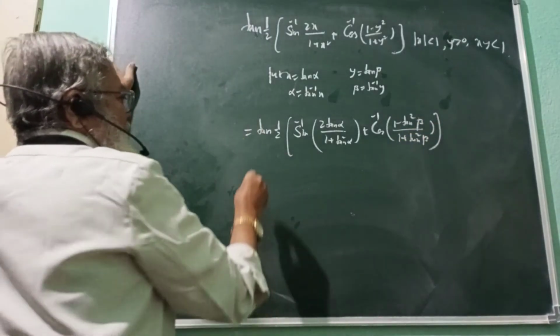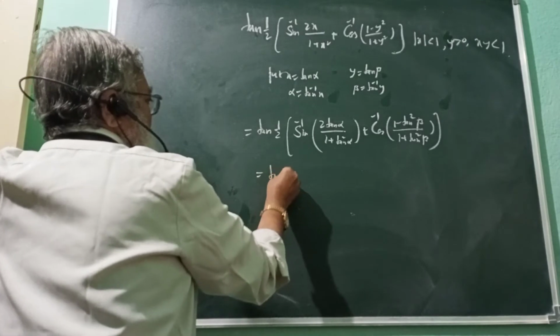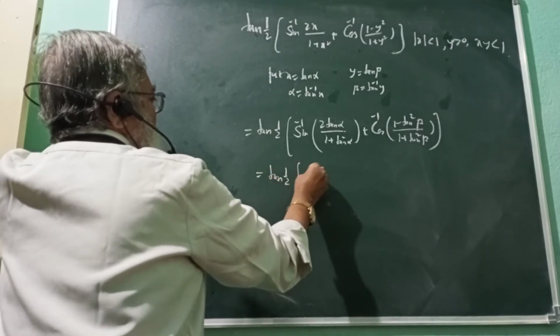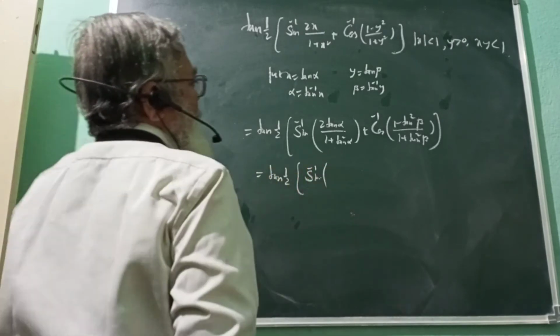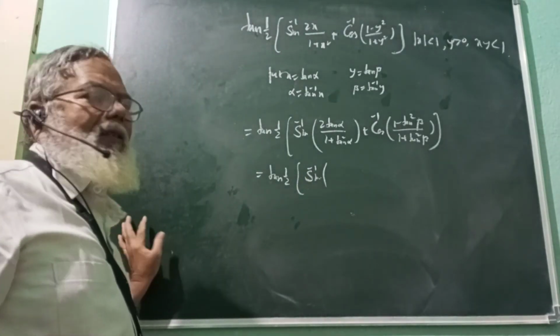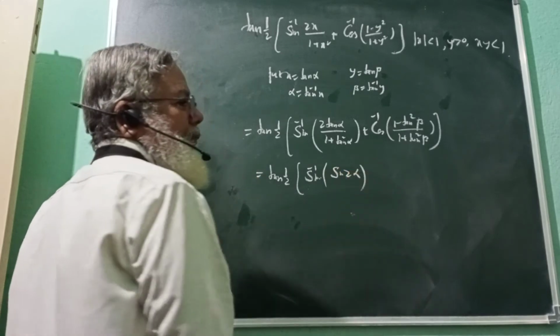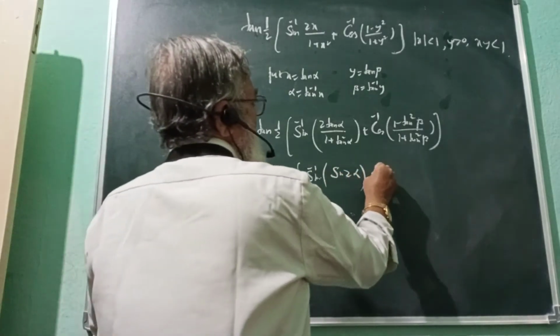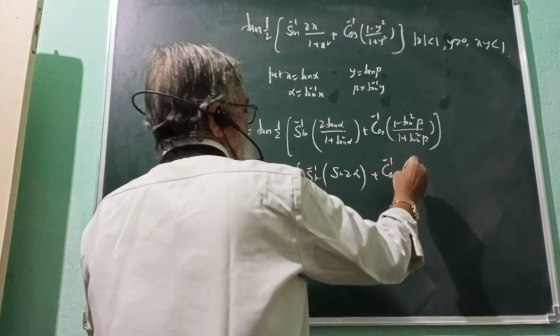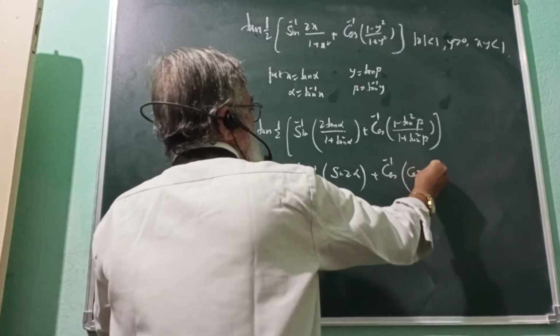Now you see here, 2 tan alpha by 1 plus tan square alpha is nothing but sin of 2 alpha. And here cos inverse of it is nothing but cos 2 beta.